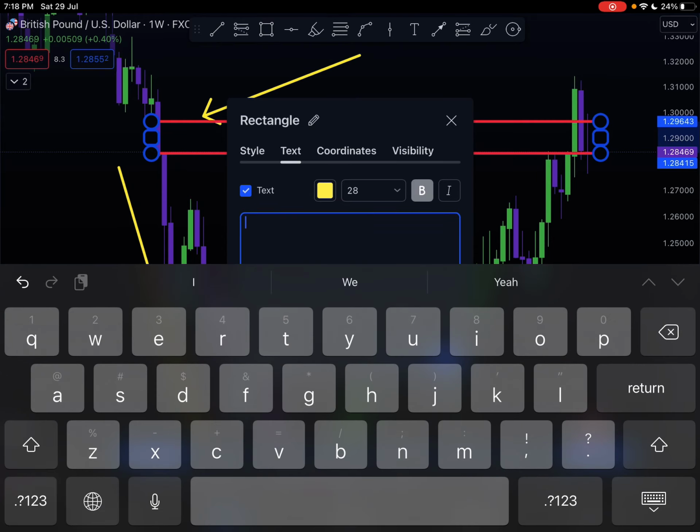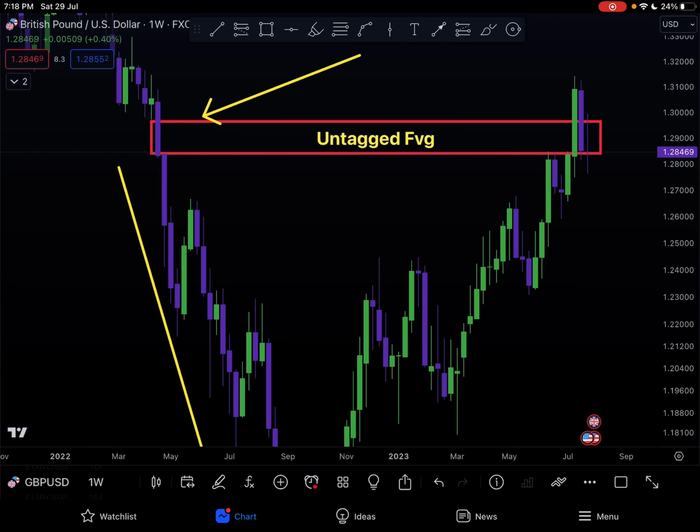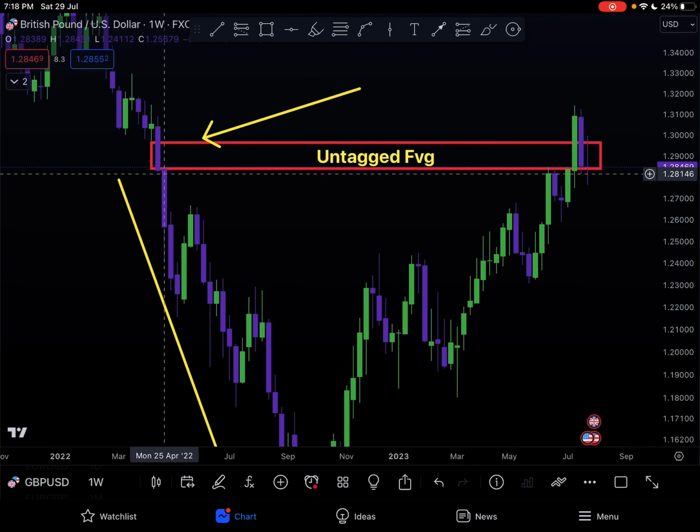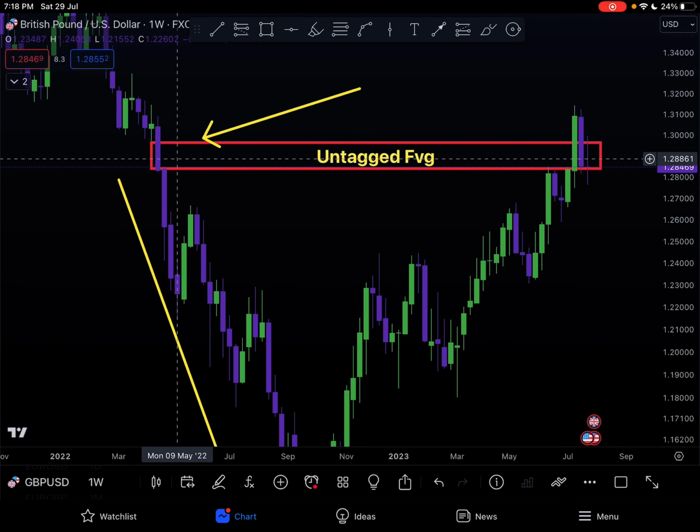So I actually will mark these on my screen. Untagged fair value gap, okay? So when these are trending down, I can see over here that this was not rebalanced.